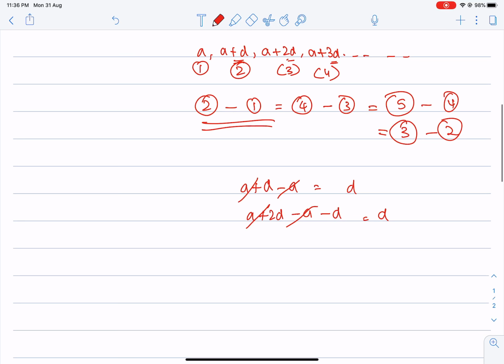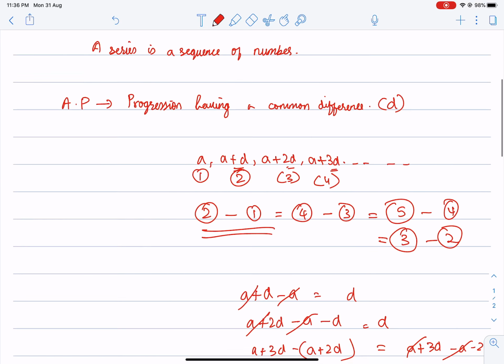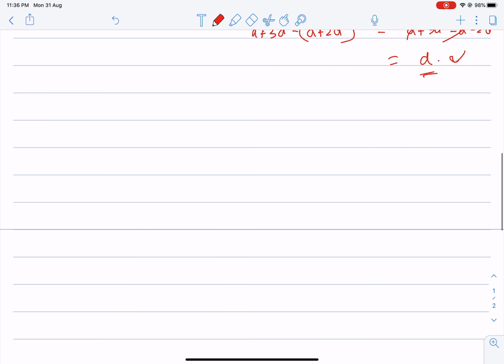Then next, a plus 3d minus a plus 2d is equal to a plus 3d minus a minus 2d, which will be 3d minus 2d, that is d. Hope you got it. So that is your common difference.